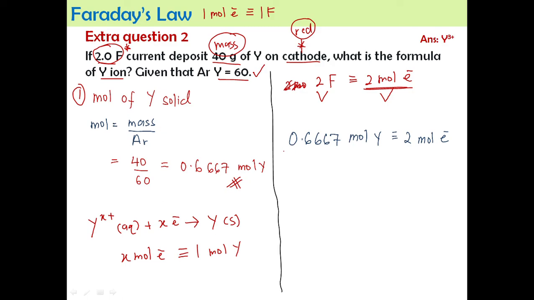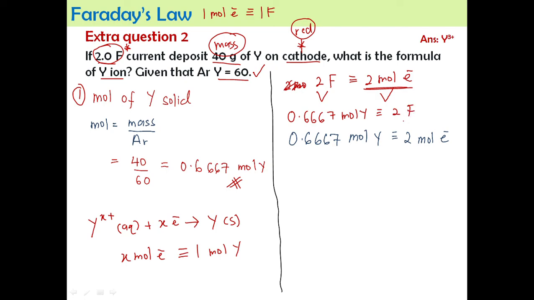So, kalau kita menghasilkan 0.6667 mole of Y, means akan discharge 2 mole of electron. Okay? Ataupun nak lagi faham, saya tulis dekat sini. Kalau menghasilkan 0.6667 mole of Y, kena supply 2 Faraday.